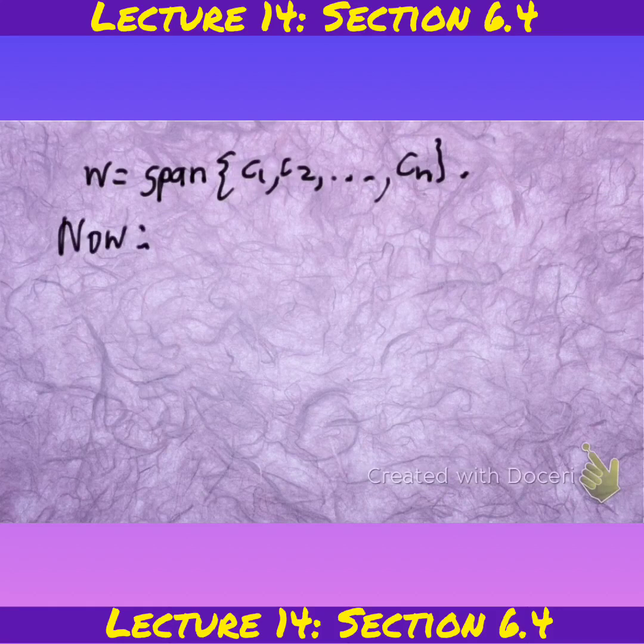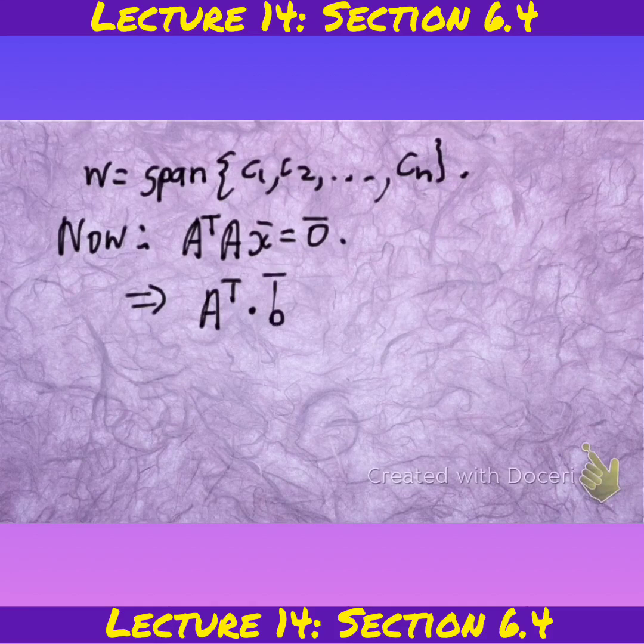Right, now if you go back to your original system, that implies that A's transpose times the column vector B is the zero vector.